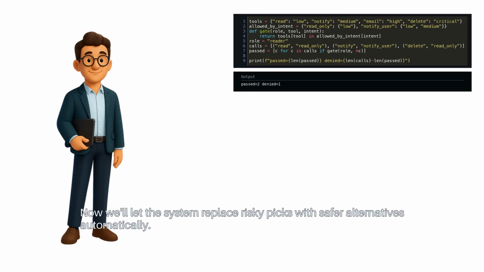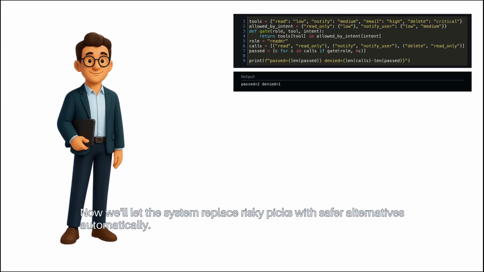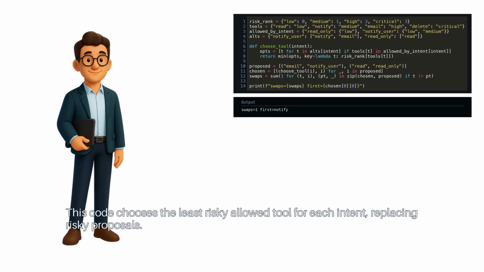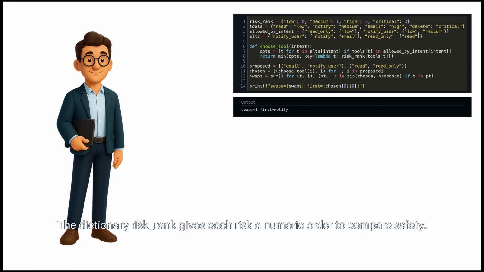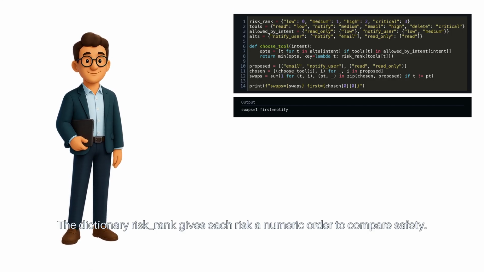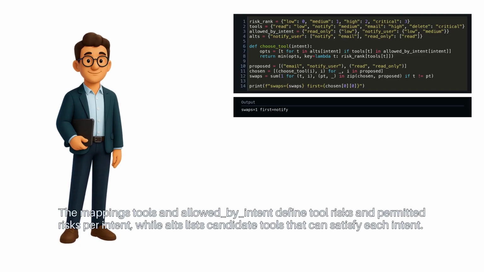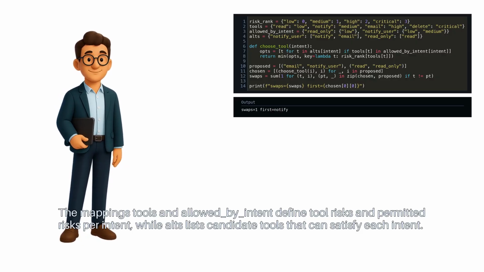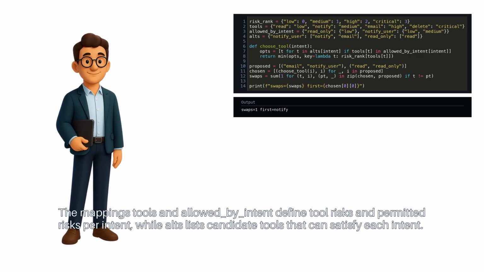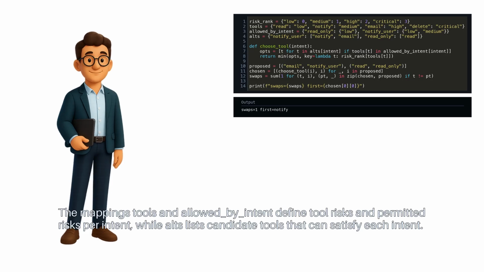Now, we'll let the system replace risky picks with safer alternatives automatically. This code chooses the least risky allowed tool for each intent, replacing risky proposals. The dictionary risk rank gives each risk a numeric order to compare safety. The mappings tools and allowed by intent define tool risks and permitted risks per intent, while alts lists candidate tools that can satisfy each intent.